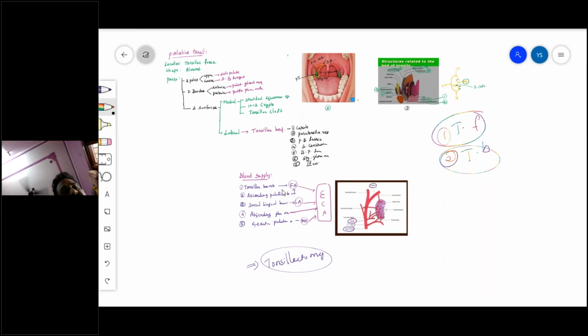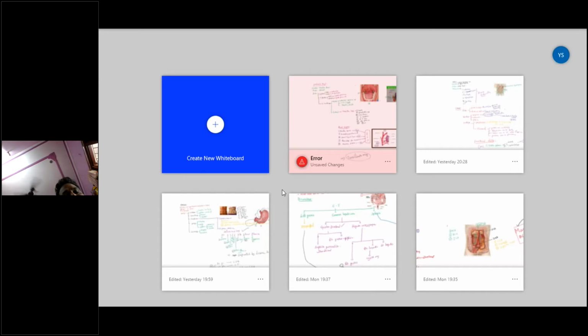Now we move to the second topic, the soft palate. First I show you a picture of the soft palate and then we learn in detail.